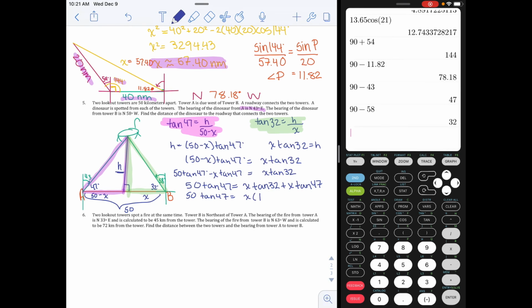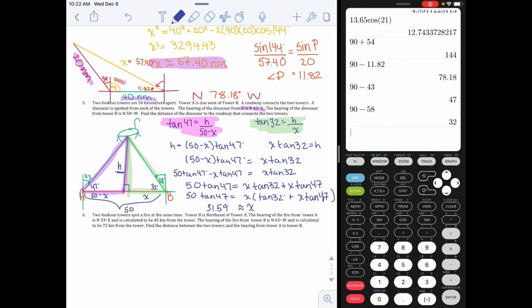So x times (tan of 32 plus tan of 47). Divide both sides by that tan 32 plus tan 47. And you should be getting your answer for x. When we divide, we should be getting 31.59.